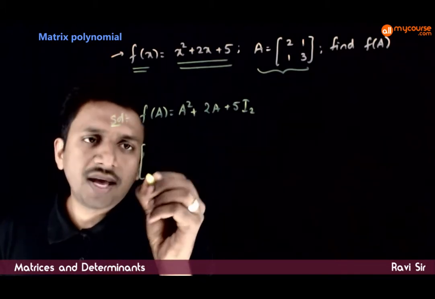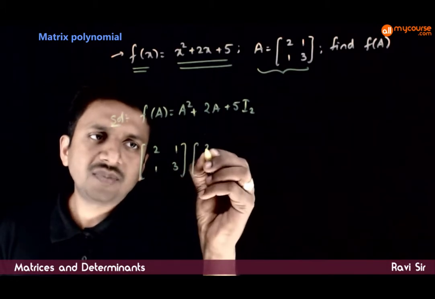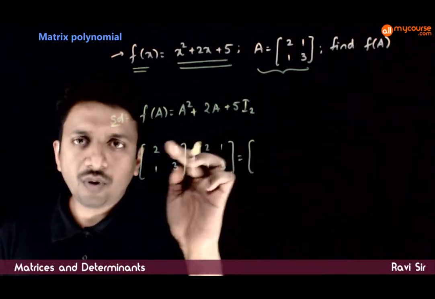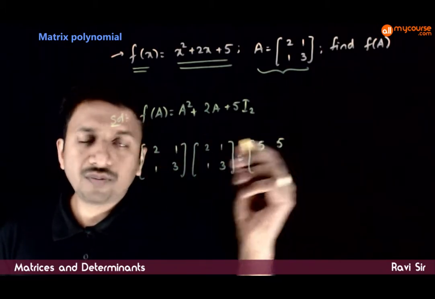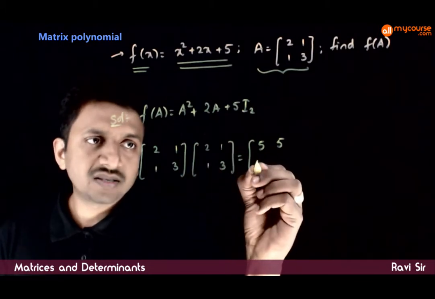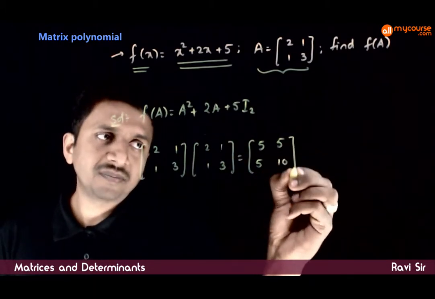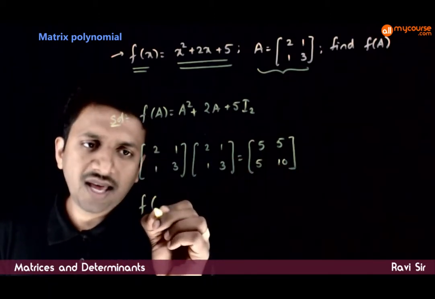A square is 2, 1, 1, 3 times 2, 1, 1, 3, which is equal to 4 plus 1 is 5, 2 plus 3 is 5, 2 plus 3 is 5, 1 plus 9 is 10. This is A square. So what is f of A?